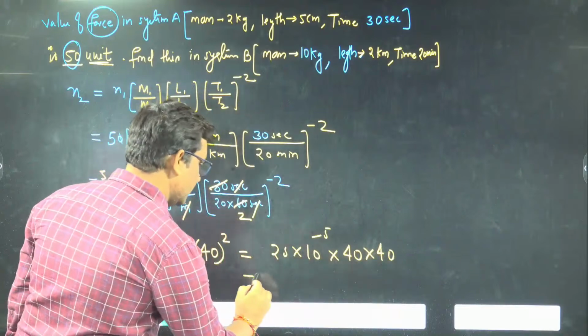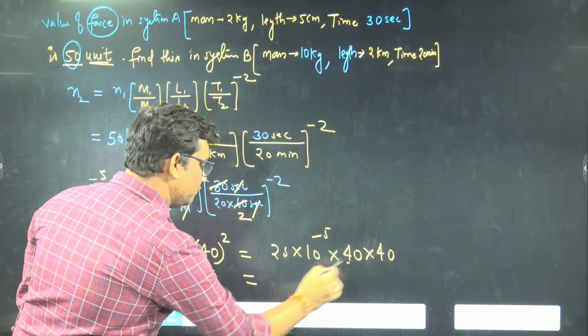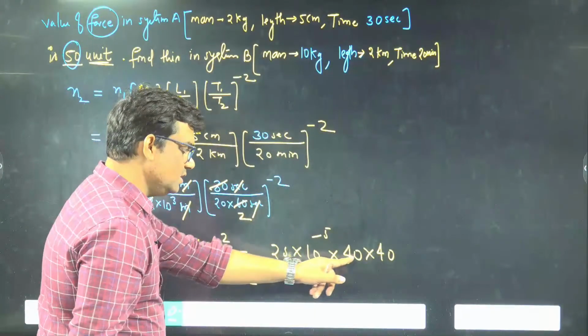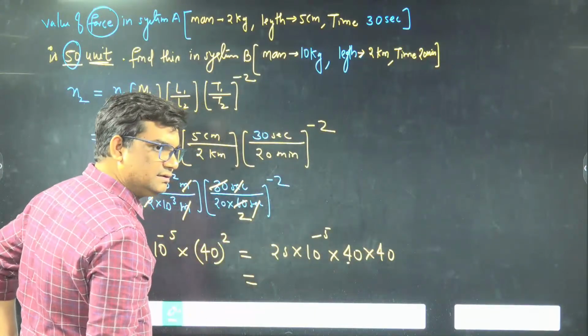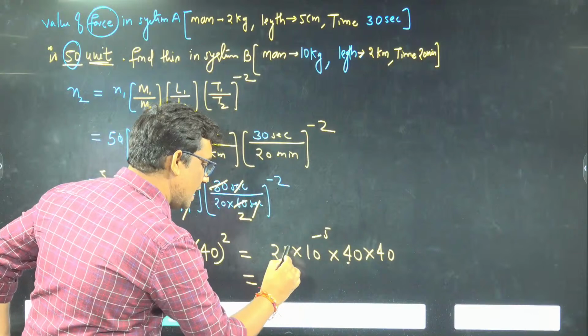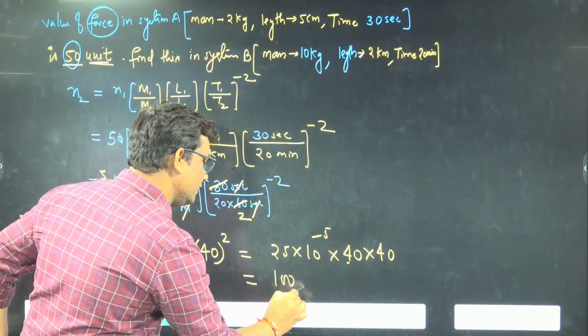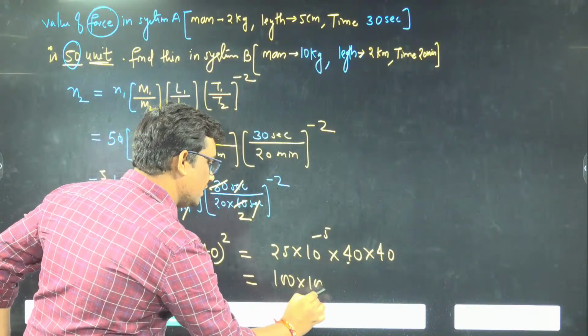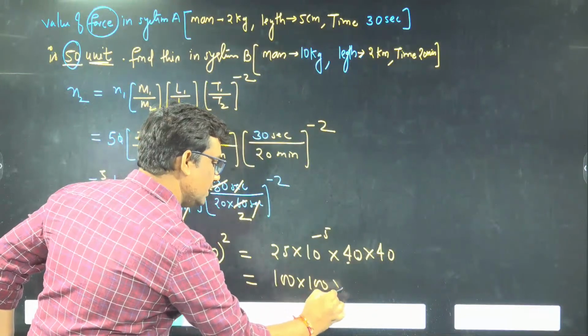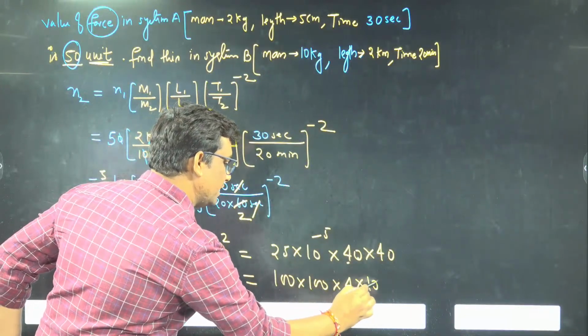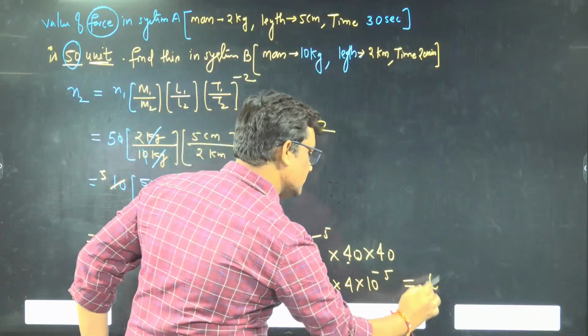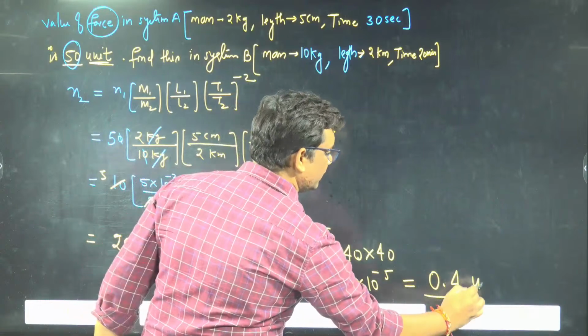So we can say here that 25 into 4, that will be 100. These 20 will be cancelled. I'm writing all the steps, 100 into 4 into 10 power minus 5. So we can say answer becomes 0.4 unit.